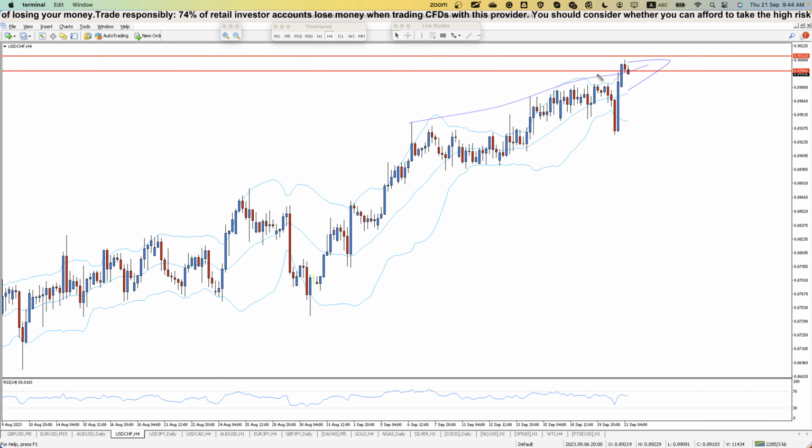So price made a new high here on the 4-hour chart, USD CHF, and the indicator makes a new low, but we are right at this area of resistance now. What I told you many times is that the news will help the price to move in one direction faster.